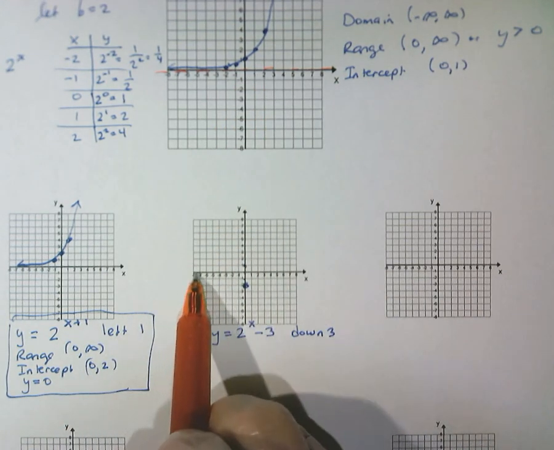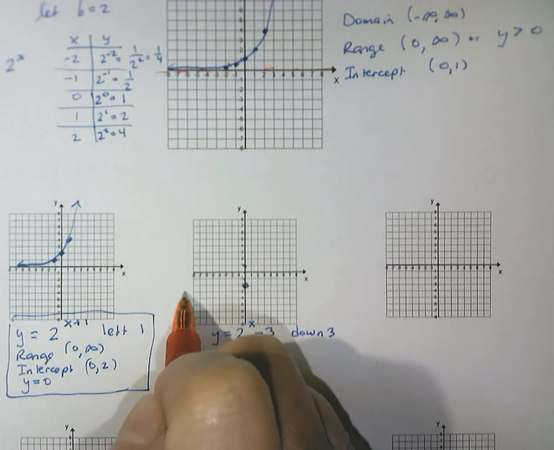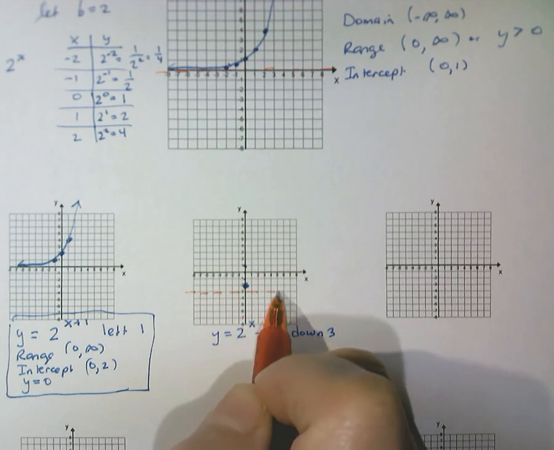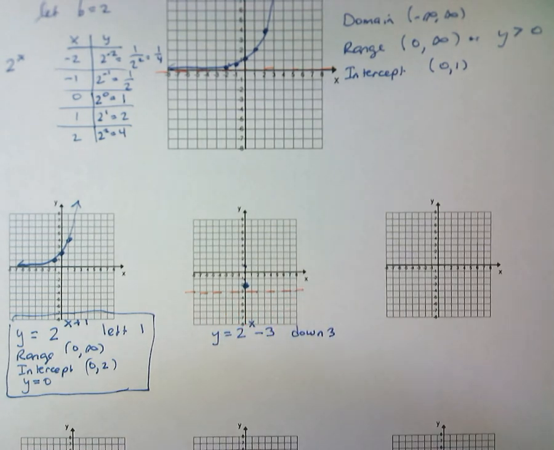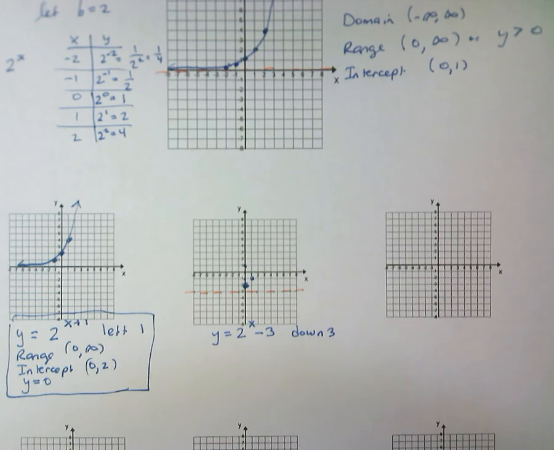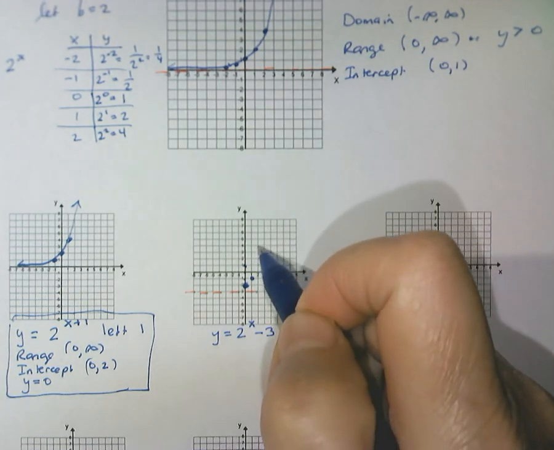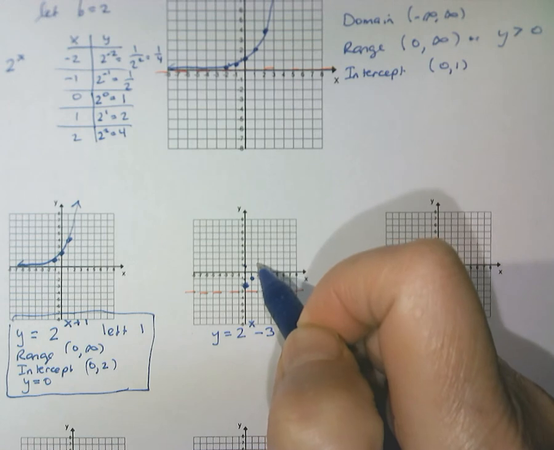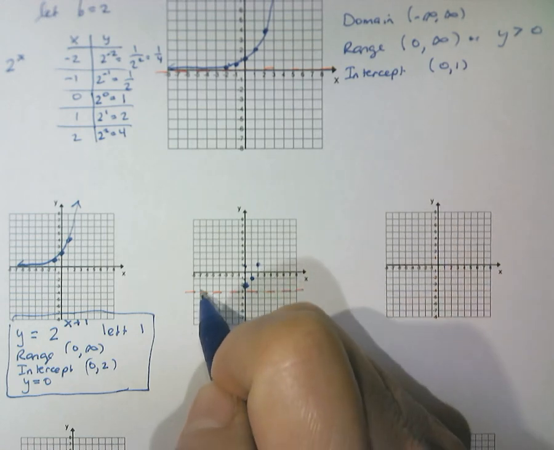So if it was here at y equals 0, it's now going to be at y equals negative 3. The point 1, 2 comes down 3 and now becomes 1, negative 1. My point 2, 4 comes down 3 and becomes the point 2, 1. And it looks like this.